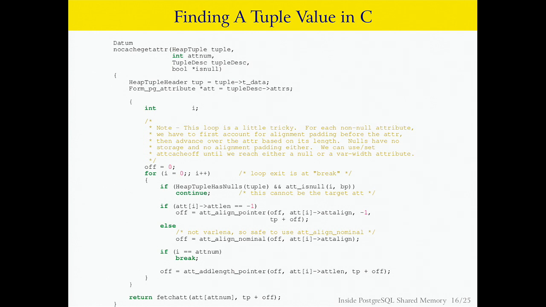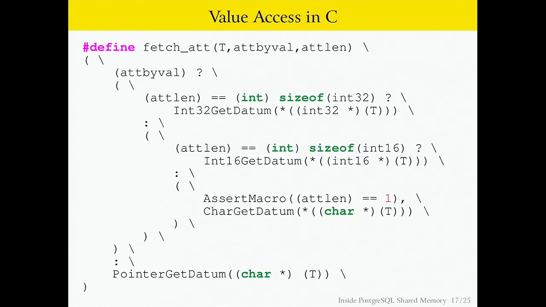If it's float or double, you're jumping 8 bytes at a time, okay? If it's variable length, you're reading the first byte or first 4 bytes to tell you how long it is, and then you're scanning forward depending on how large that variable field is, okay? You're just walking through this, and then once you're done, you do a fetchatt, okay?